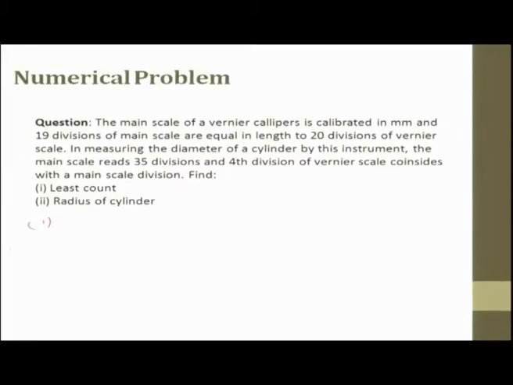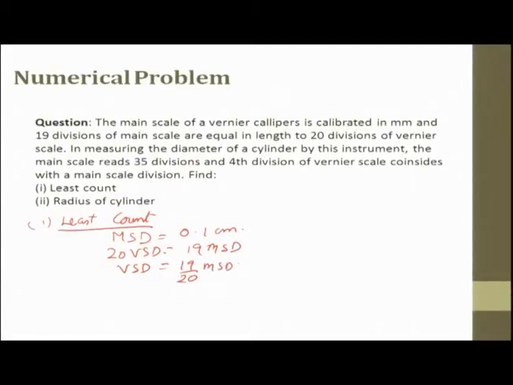So, first let us figure out the least count. One main scale division is 0.1 centimeter, and 20 vernier scale divisions are equal to 19 MSD. So, VSD is 19 by 20 MSD, which is 0.095 centimeter.